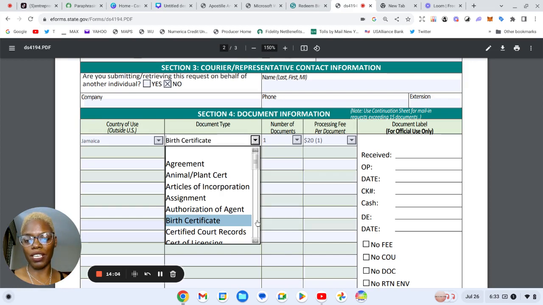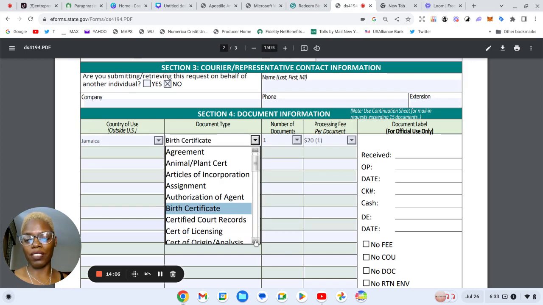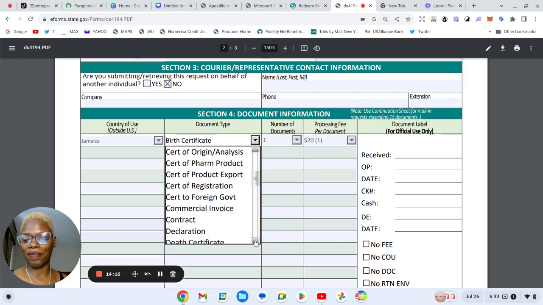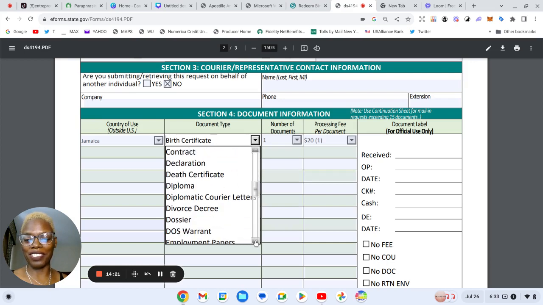But as you can see, you can get all types of things authenticated. Articles of incorporation, it's a lot of stuff. Court records, declarations, divorce. It's amazing.